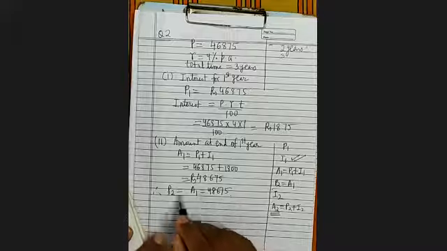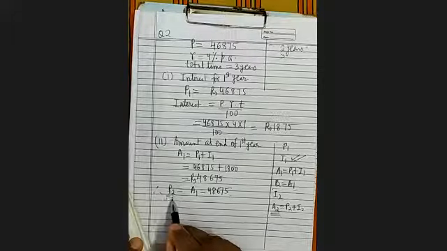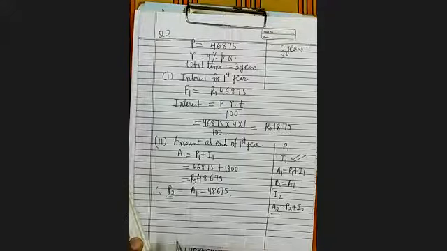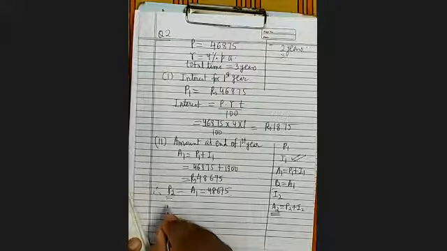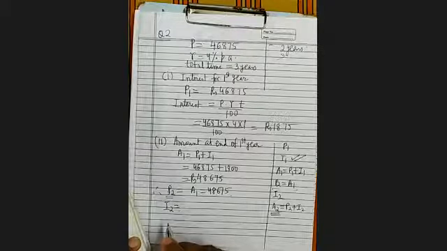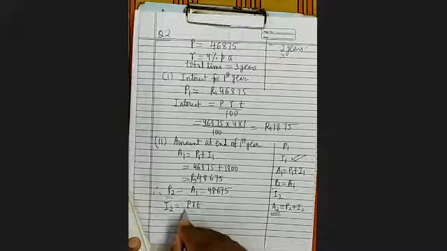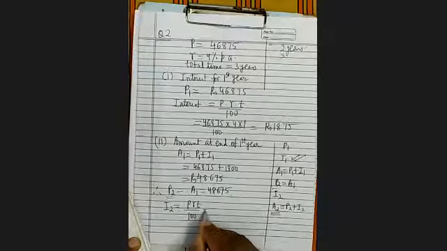After this, what will you calculate? I2. P2 is already known. I2 is the interest of the second year, so it is PRT upon 100. What is P?